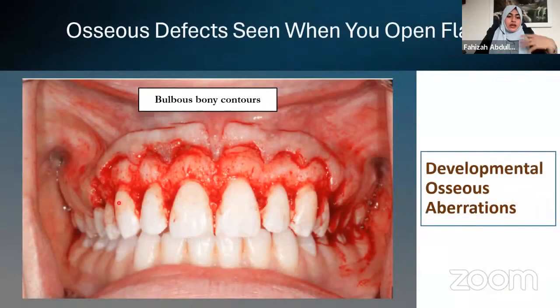Now, technically, what are the other osseous defects which you see when you open a flap? Generally, in these kinds of cases, one is bulbous bony contours. These are all developmental osseous aberrations.